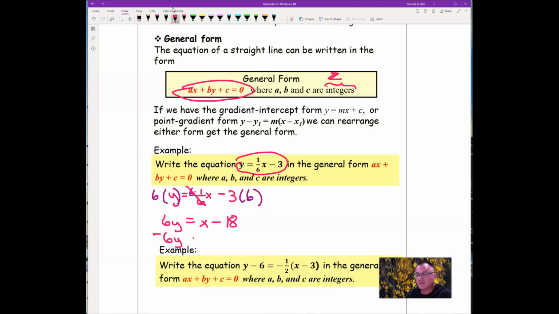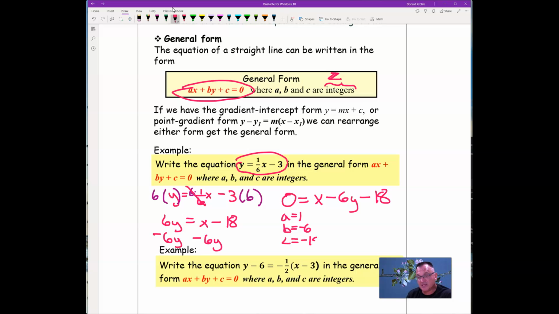Subtract 6y, and I would get 0 equals x minus 6y minus 18. All right, the a value is 1, the b value is -6, and the c value is -18.